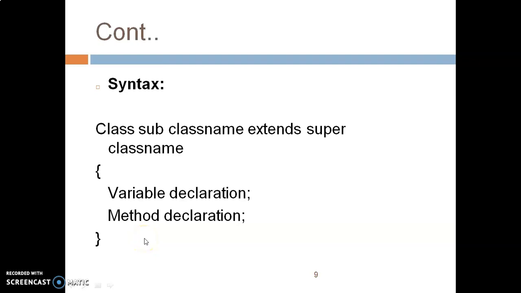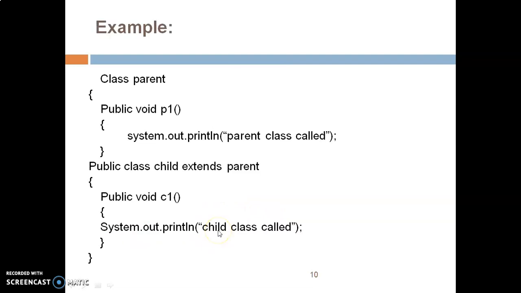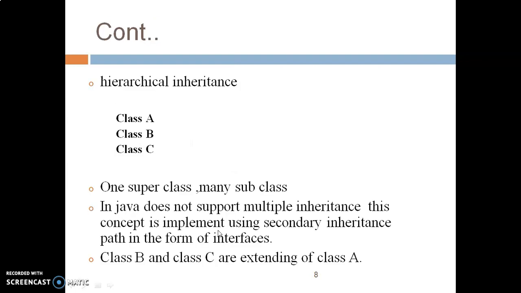Here we will see the syntax for that. Class subclass name extends superclass name. This is all the declaration of the class, that is variable declaration and method declaration. We are talking about the example of hierarchical inheritance here, class A, class B and class C. So in case of hierarchical inheritance, there is only one superclass A and the child classes are more than one.